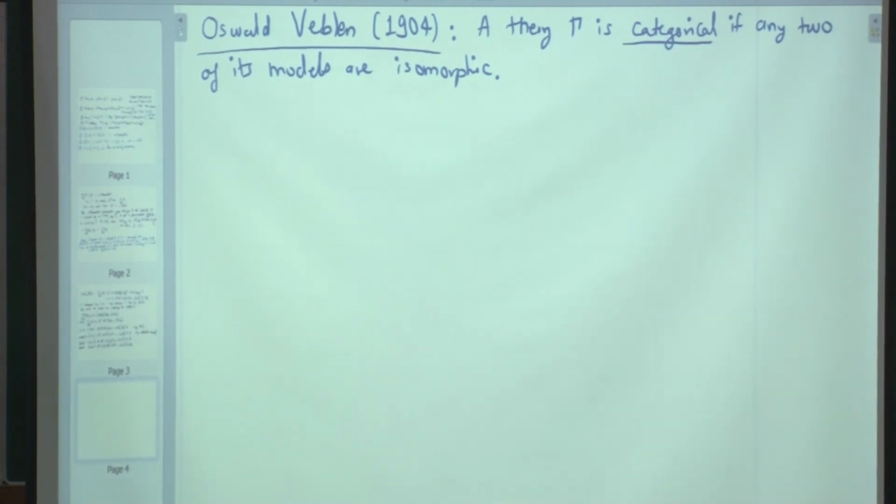You cannot distinguish between those elements, and then there is a bijection between any two n element sets, right? So, therefore, any two models are isomorphic. That bijection is an isomorphism of structures. So, for example, gamma n equal to singleton sigma n is categorical.